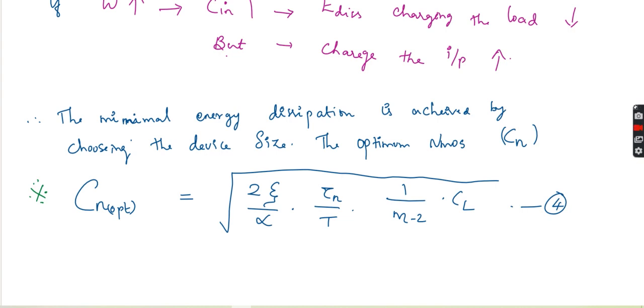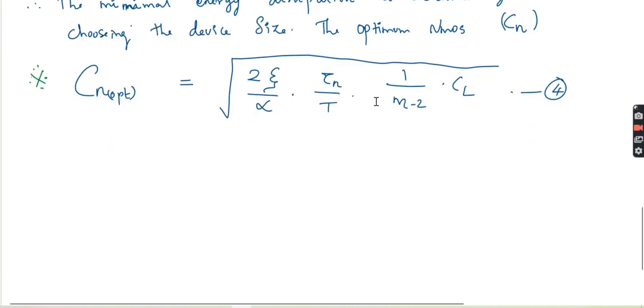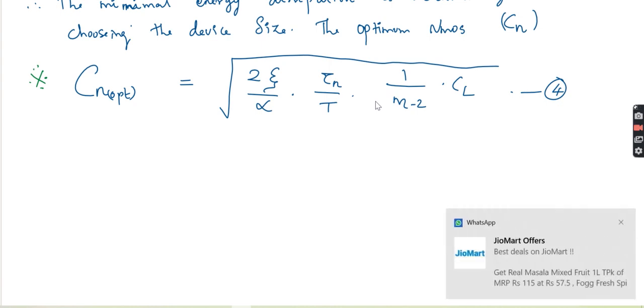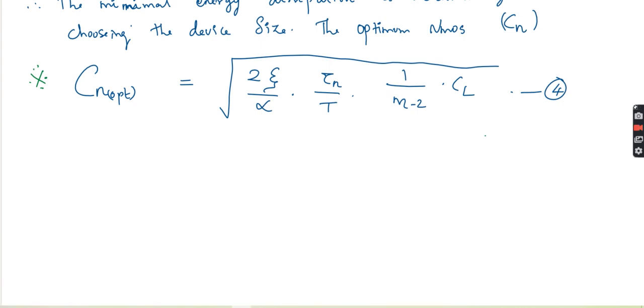So from this, what we have to do is calculate the E total. So let us write the E total. Now we are going to consider E in is equal to E load.